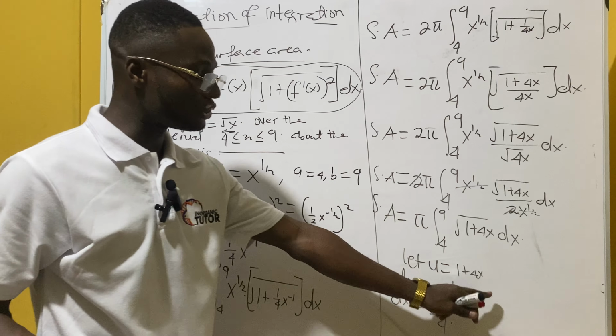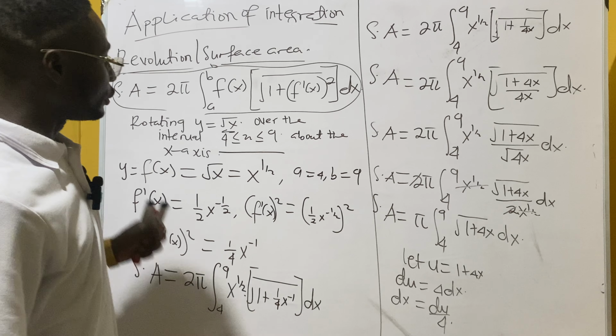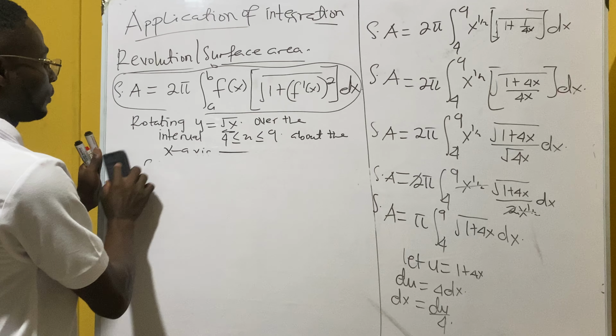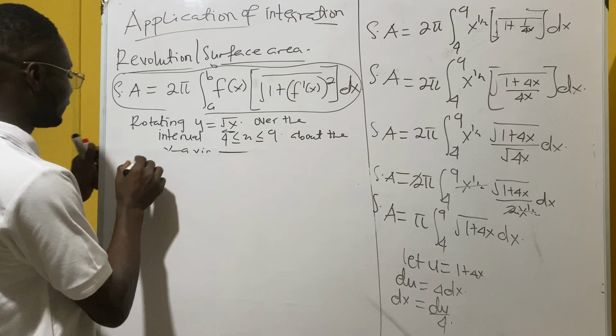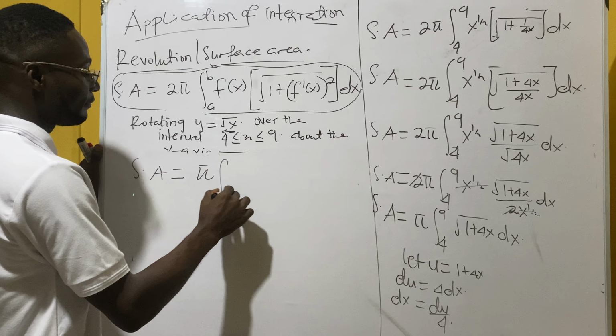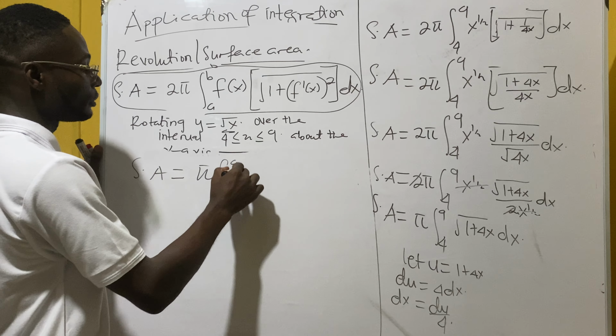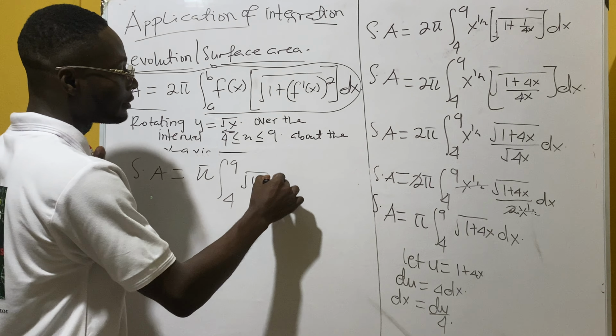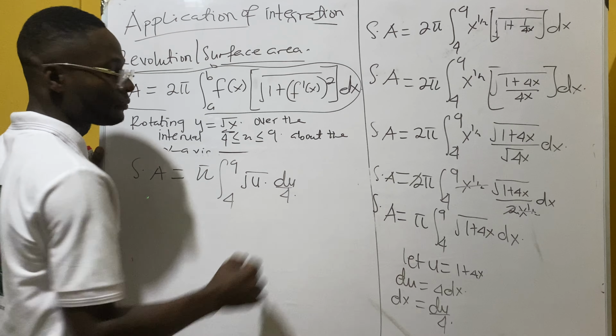So we do substitution, and we're going to have our surface area equal to pi, the integral from 4 to 9, then root of u times du on 4, right?